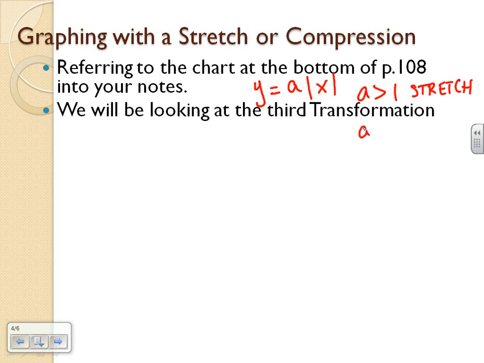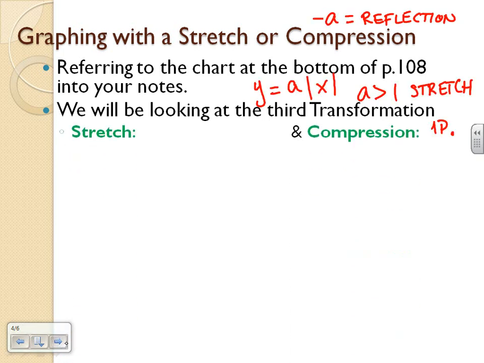If A is between 0 and 1, it is a compression. And the last thing, if A is negative, that is a reflection. And we'll look at some of those.